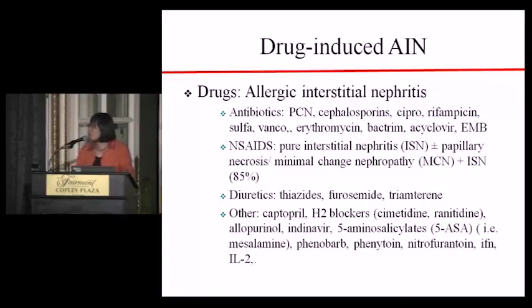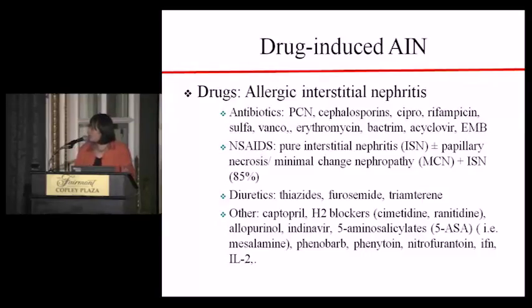In terms of quinolones, the most common quinolone associated with AIN is Cipro. In terms of sulfur-containing antibiotics, as well as the diuretics, you know that they can cause AIN.